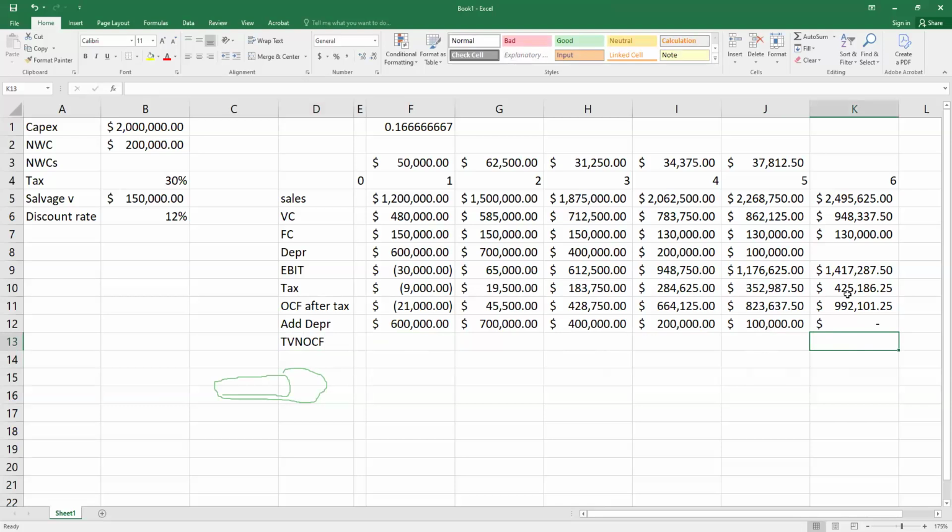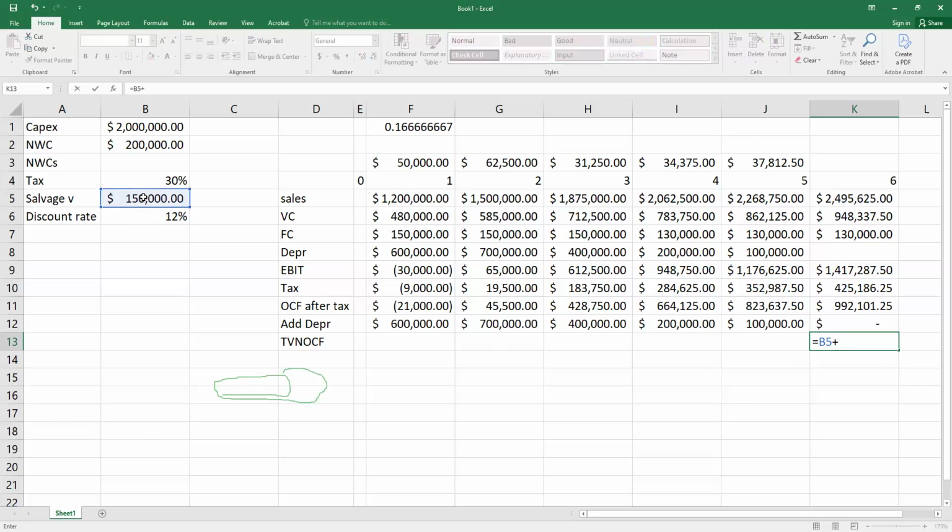At the end of the 5th year, it becomes directly zero. So there's no problem with the tax issue. That definitely shows that we're going to be paying taxes on the definite gain from the salvage value. So salvage value is 150,000 plus, here we go.